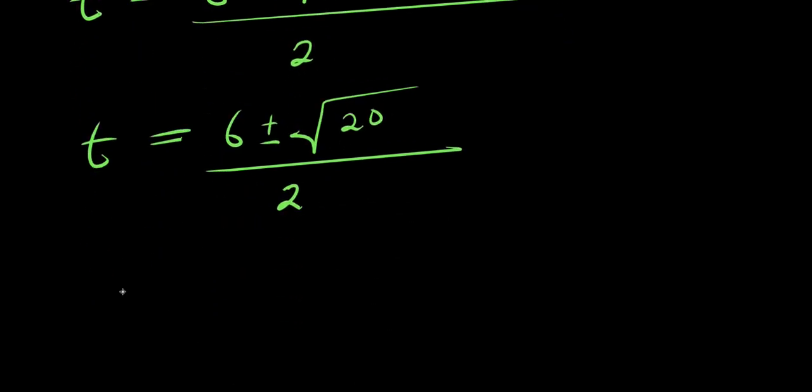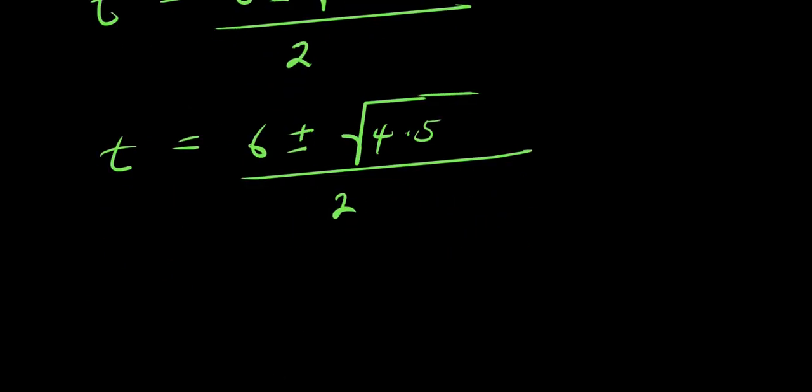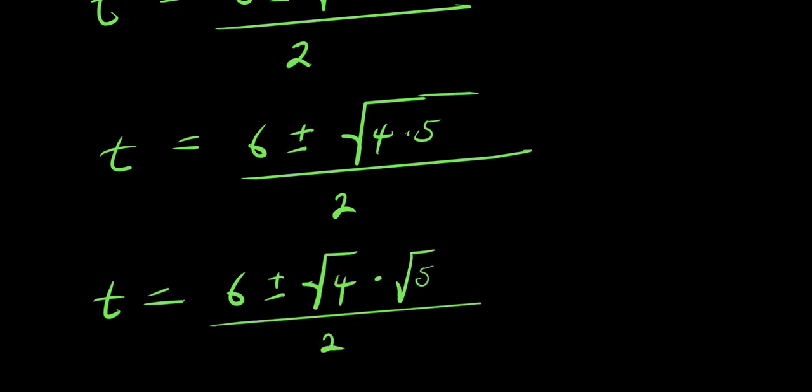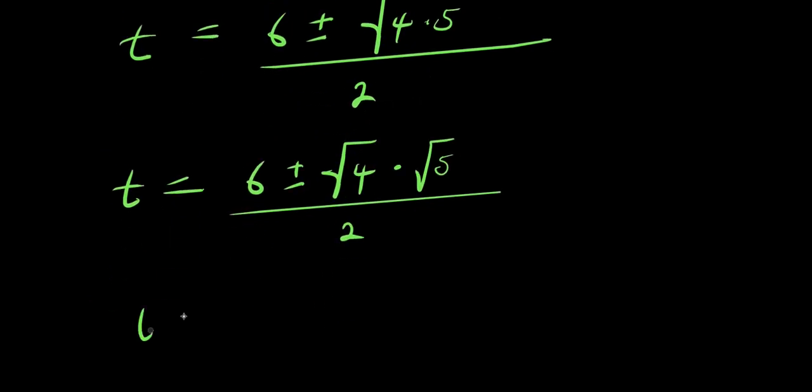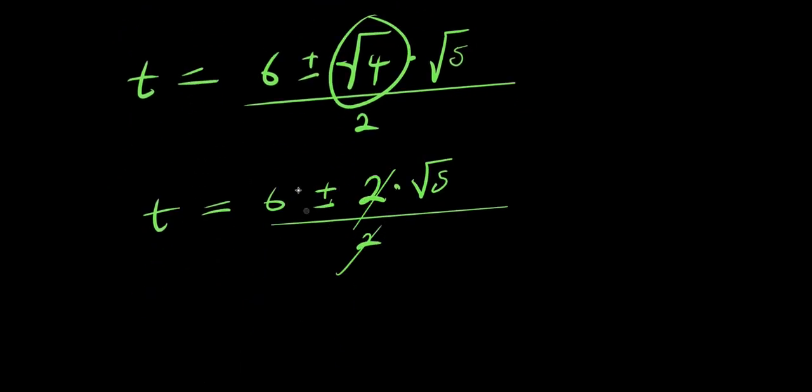After t equals 6 plus or minus this, I can express it as square root of 4 times 5, divided by 2. So t equals 6 plus or minus square root of 4 times square root of 5, divided by 2. So this will simply give me t equals 6 plus or minus 2 times root 5 divided by 2. So from here, this cancels this, I have t equals 3 plus or minus root 5.